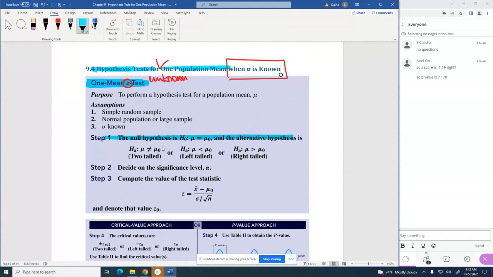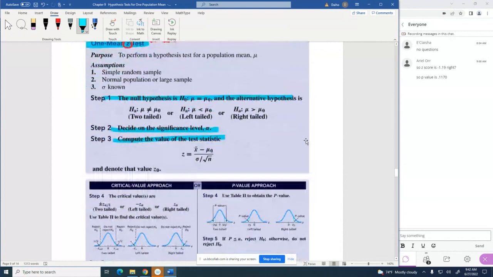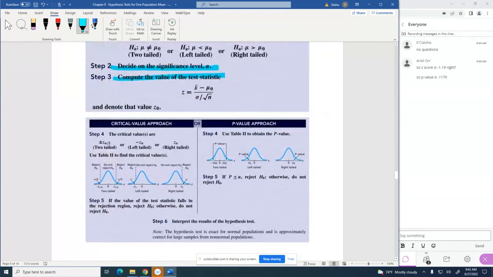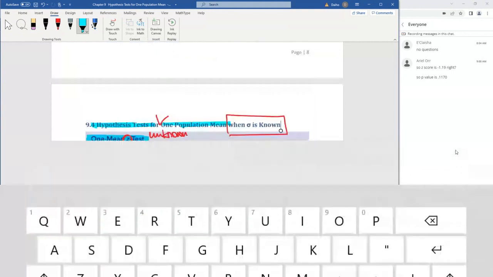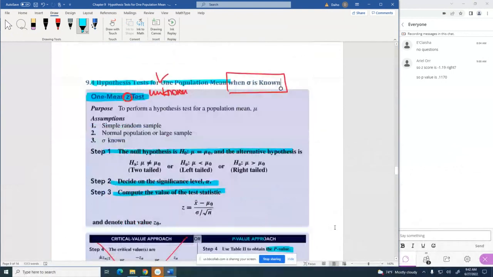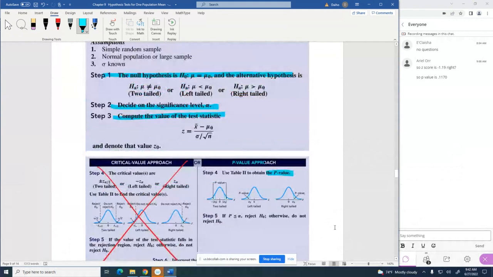So step number 1, step number 2, step number 3. Yeah, exactly the same thing, right? And please don't look at this. Yeah, we got the p-value in step 4. Yeah, it's two-tailed, from two-tailed is left tail, right tail.